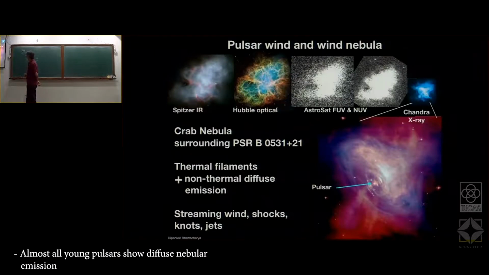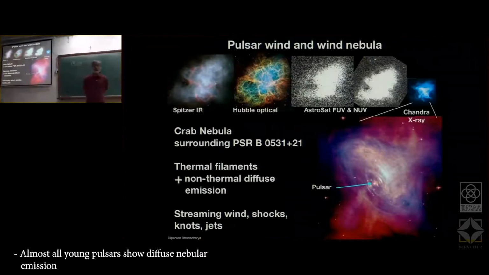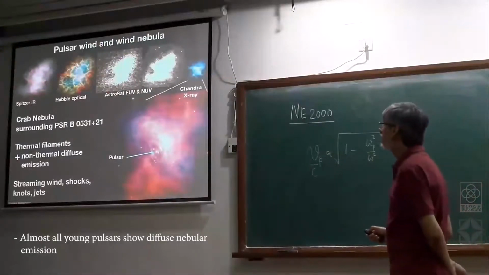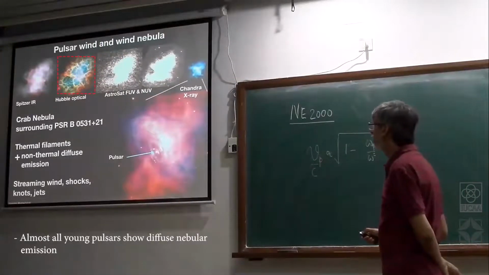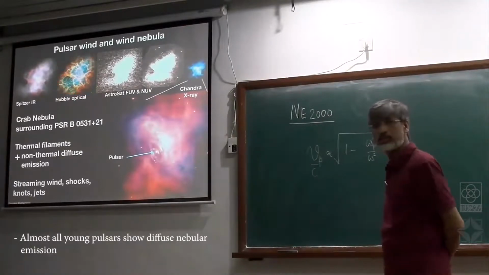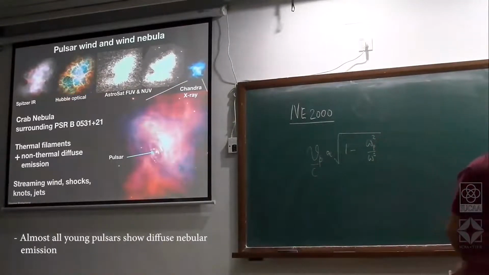Now this is one of the most well-known pulsar wind nebula. It's the Crab Nebula. Now if you take a look at the optical picture of this, you can see that there is all this bright filamentary structure. That bright filamentary structure is producing H-alpha emission, which are thermally excited.